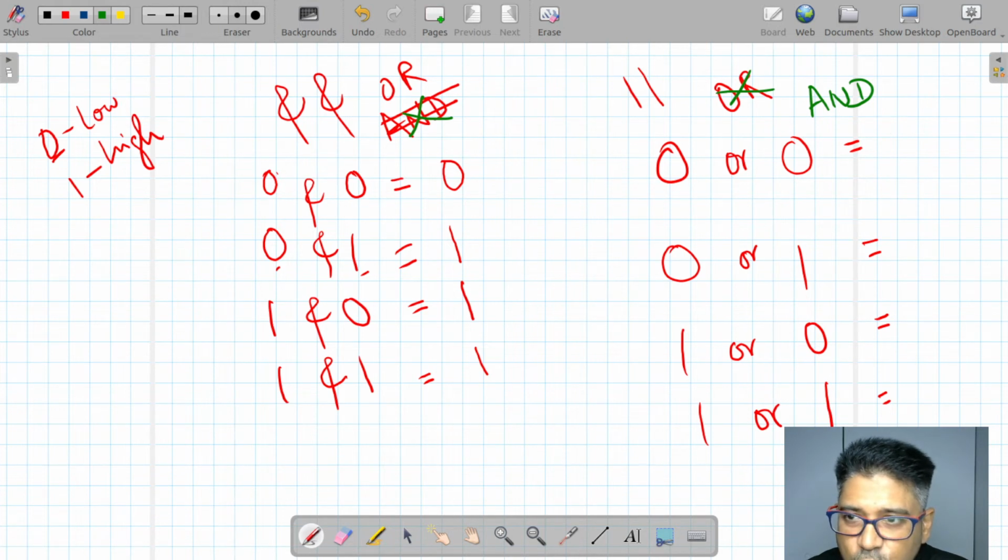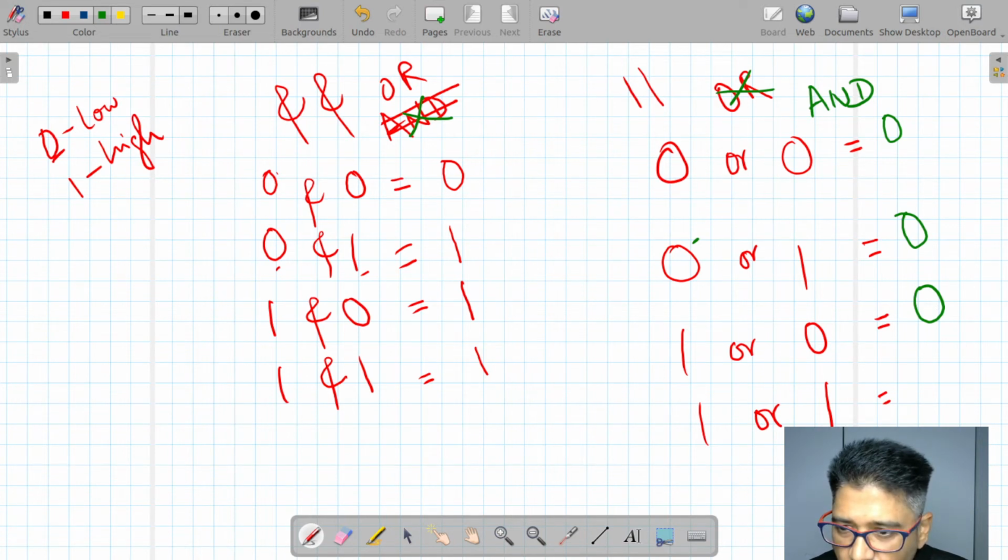Like 0 0 is false, both false, of course false. 0 1 is false, because both conditions must match, otherwise false. Here 0 1, both are different, so 0. Here any 0 is going to be zero. Only if both things are true will it be true.